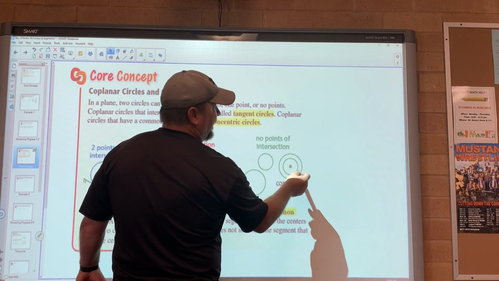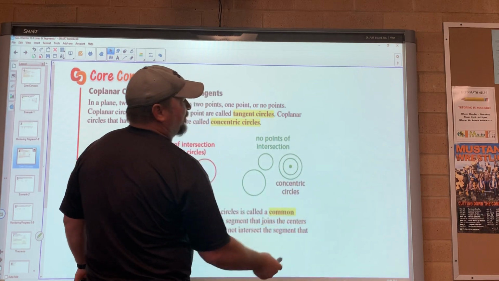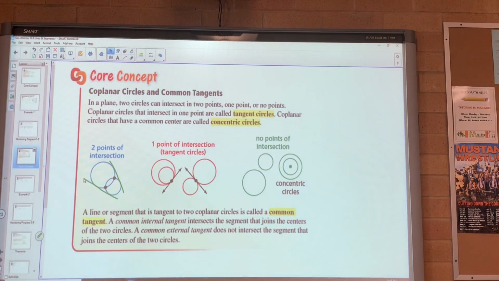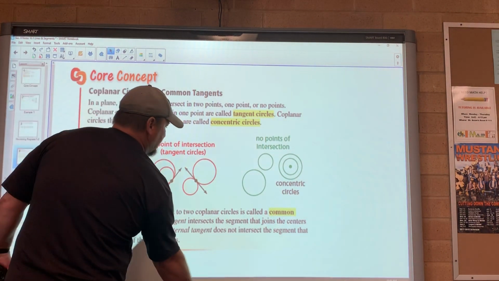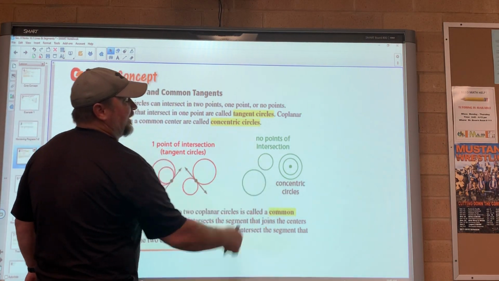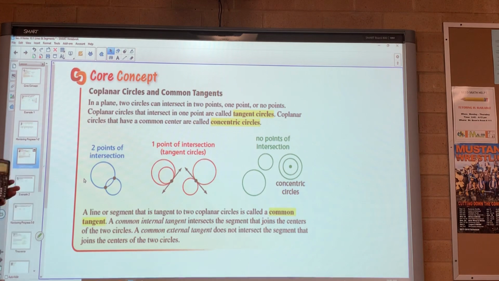This one would have none because you can't put a tangent with a circle that's smaller inside of it anyway. Anyway, we'll discuss this a little bit more when I start drawing some of these in. And you'll understand why I meant there's multiple tangents on that one. And the ones that are on the outside are called external. The tangents that are on the inside are called internal. And I'll show you that, okay?